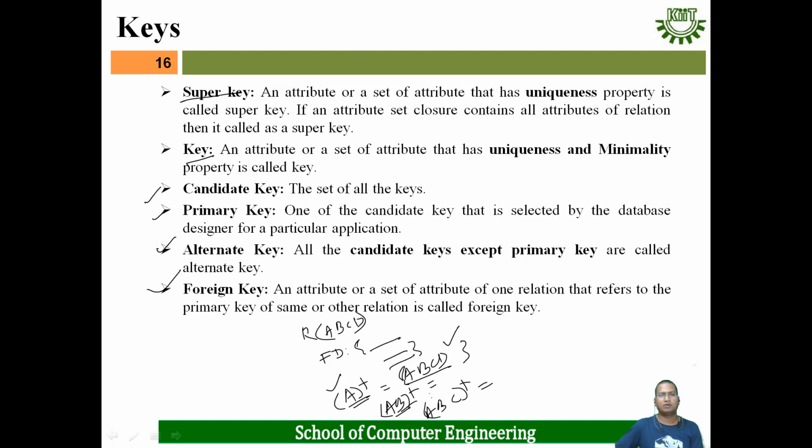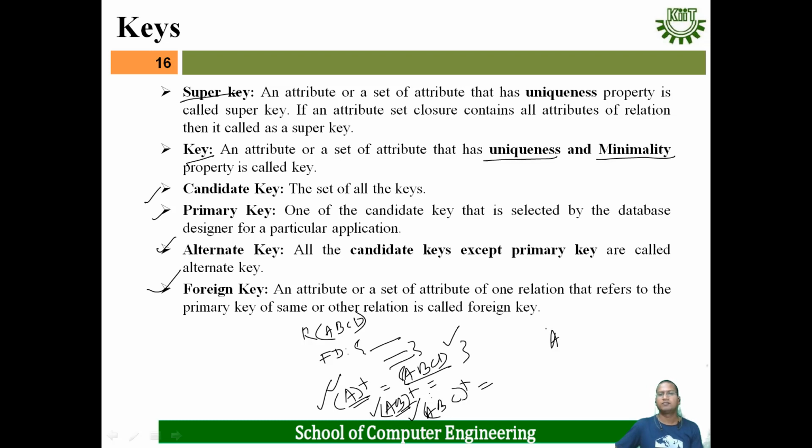Okay, then what is a key? An attribute or set of attribute that has uniqueness and minimality property is called a key. Okay, in this case, suppose A closure is deriving all the attributes. In this example, A closure is deriving all the attributes, AB closure is deriving all the attributes, ABCD closure is deriving all the attributes. Then which will be a key?